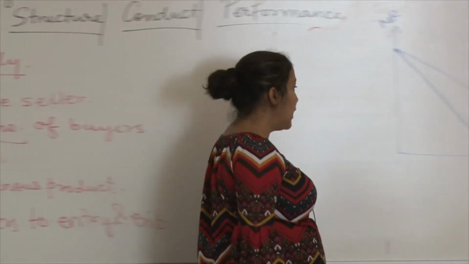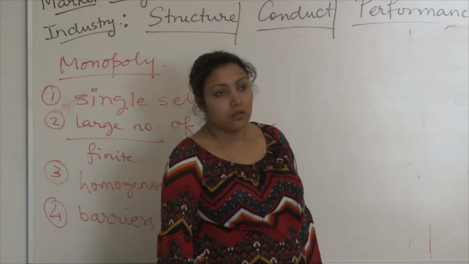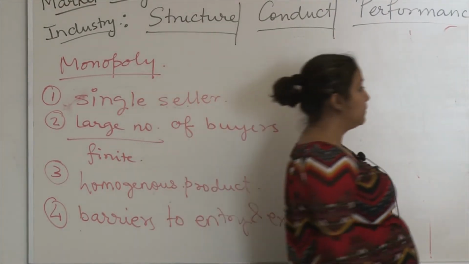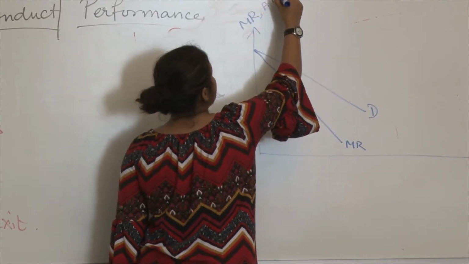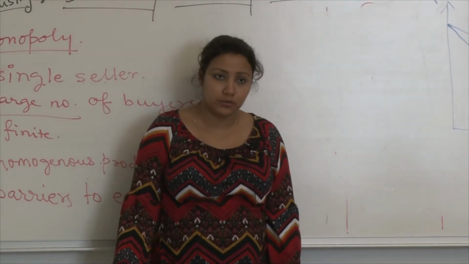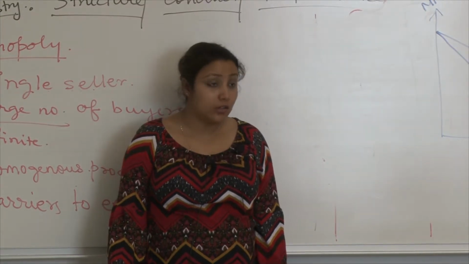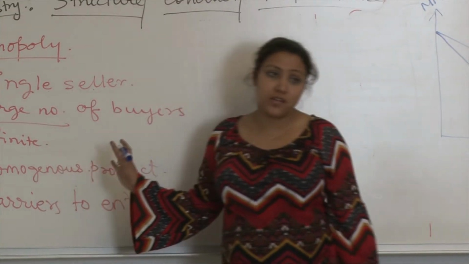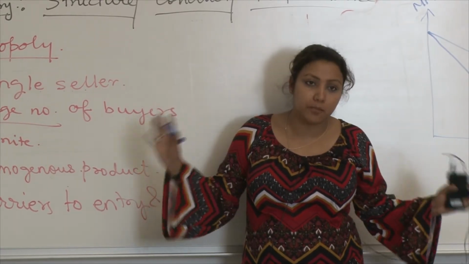Okay. Now, in this market, let's say I am also measuring my ATC and my MC here. I am bringing in the cost into this market because obviously every seller has a cost of production. Now, just like perfect competition, this guy is not a price taker. He is the single seller, so he has complete market power.